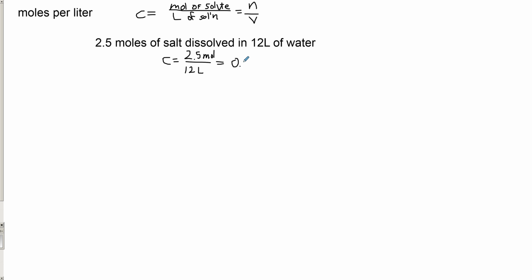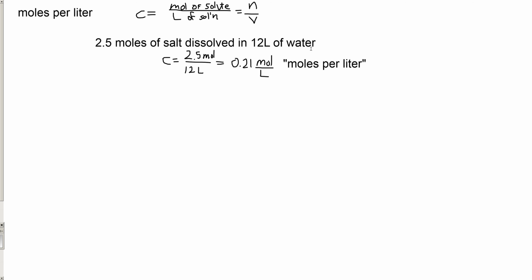And it's important here that we obey laws of units. So nothing canceled out here. All I did is I took the moles number and I divided by the liters number, and that's it. So since nothing canceled out, I still have the unit moles up top, and I have the liters unit on the bottom. So this is literally moles per liter.